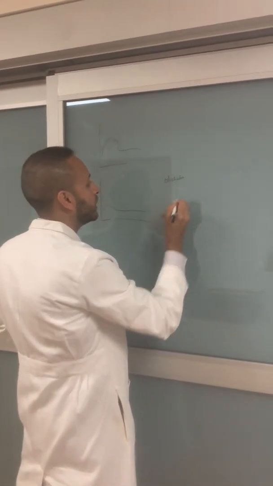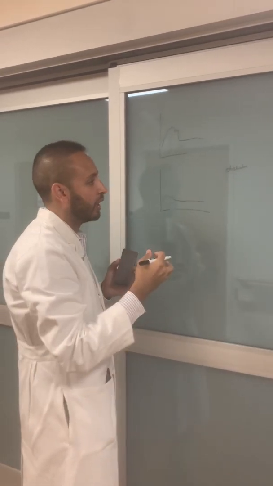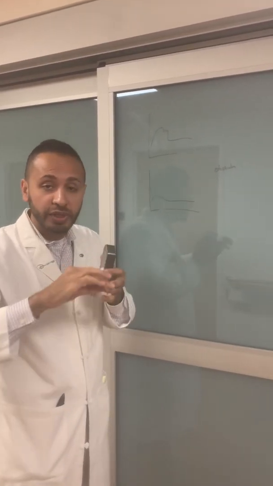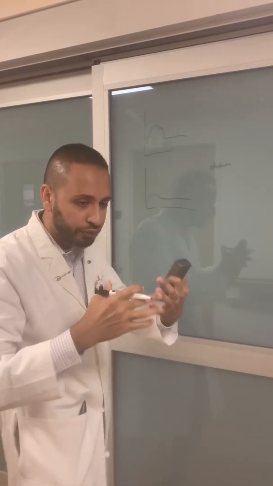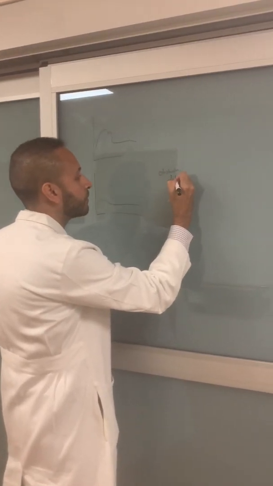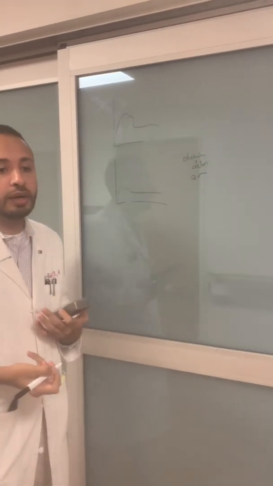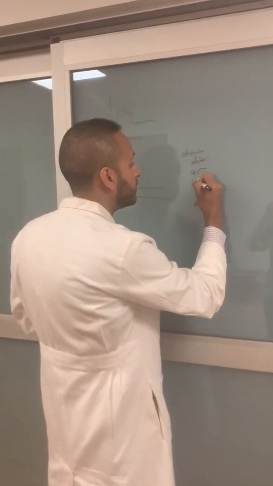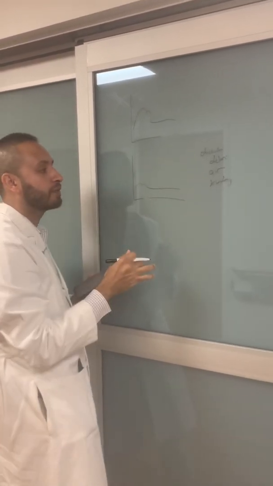The dampening of the waveform happens because perhaps there's blood within the tubing, limiting the pressure that the brain can generate through the fluid to the transducer. An obstruction could be debris, could be air, could be kinking of the tube. Those are things you need to look for when you see a dampened waveform.